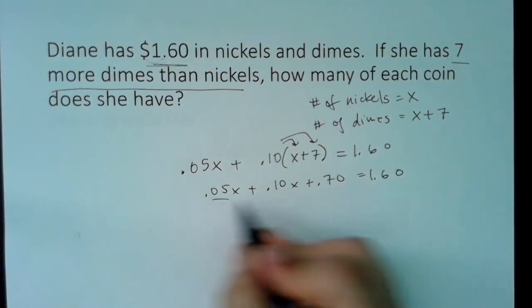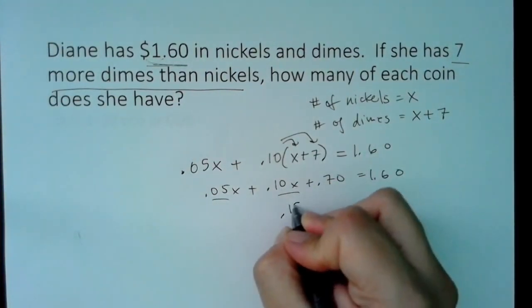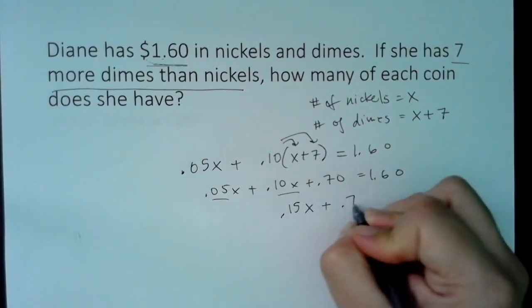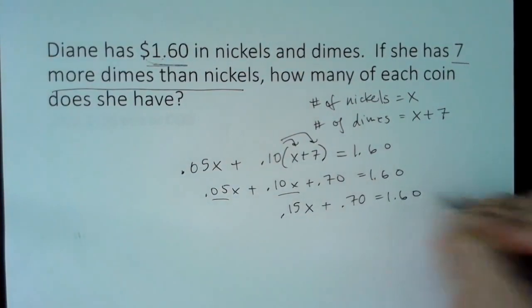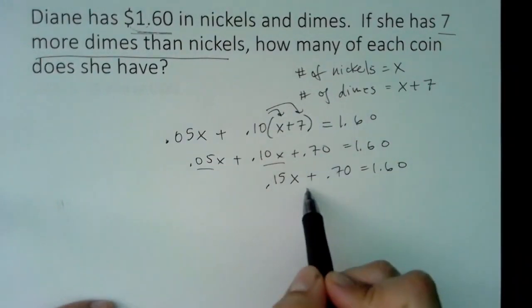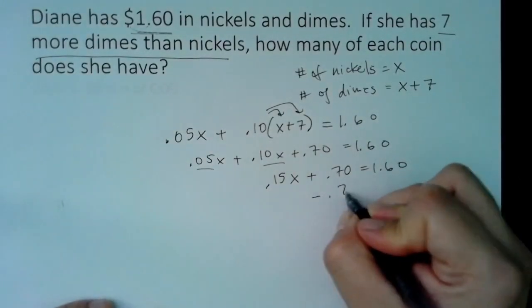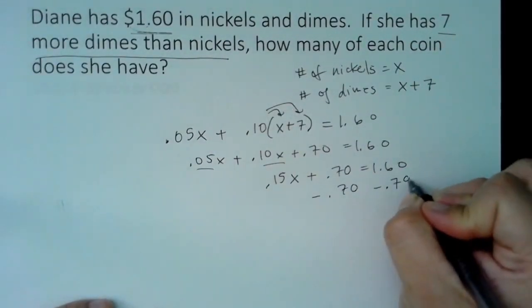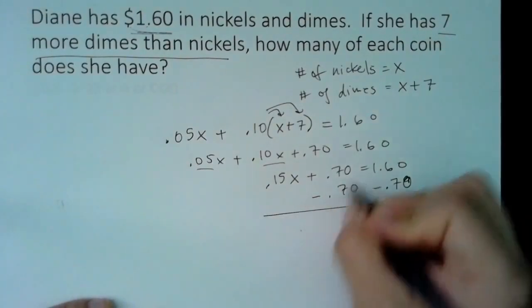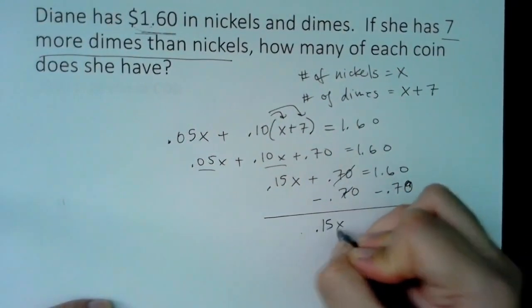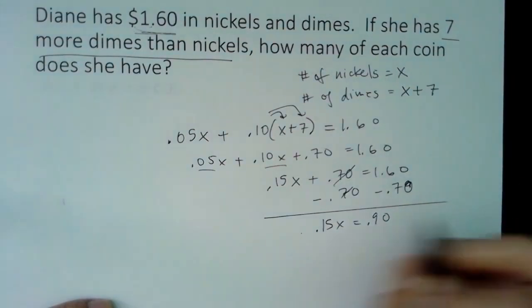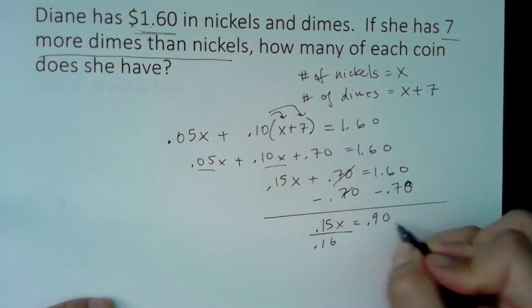Then combine like terms: 0.15x plus 0.70 is equal to $1.60. Next step would be to subtract 0.70. Then you get 0.15x is equal to 0.90, and then divide.